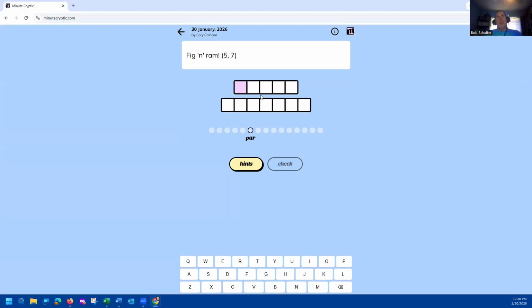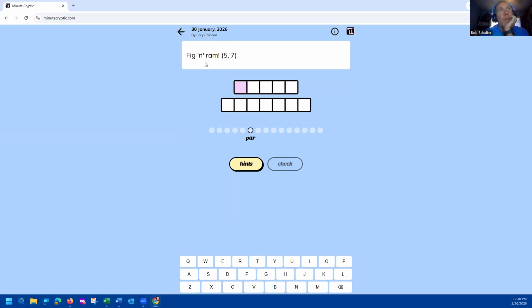All right, we're in for a doozy here. Corey Calhoun has made a challenging puzzle for us. So the exclamation point and the length of this screams that this is an &lit, meaning fig and ram would be both the definition and the cryptic part.